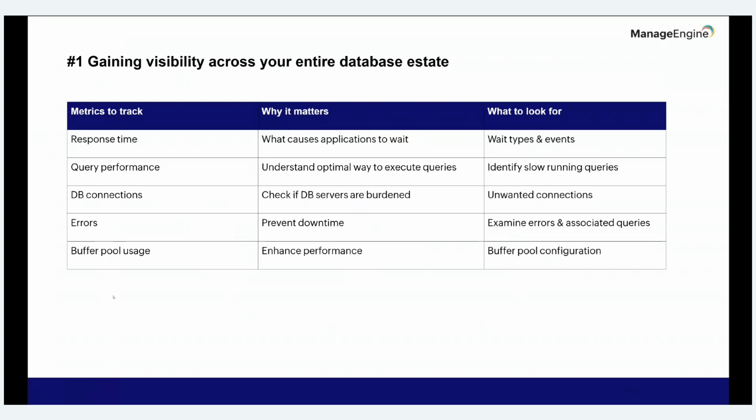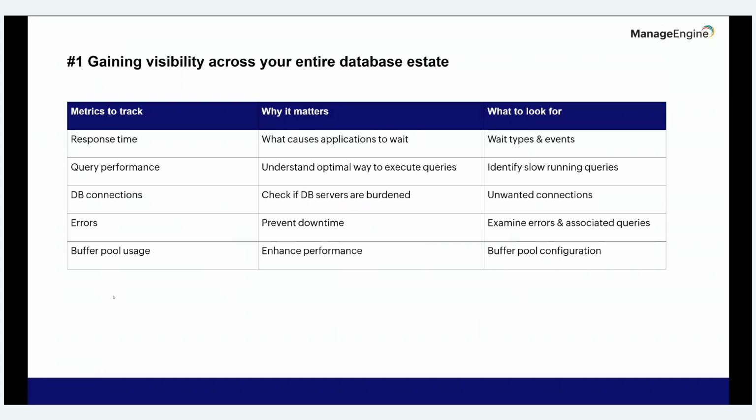The database connections. We need to always check if the DB servers are having n number of connections. And we have the privilege to terminate those connections, which can fine tune your database and increase efficiency. Errors. We need to prevent downtime. We need to have high availability, and tracking availability is mandatory. We have to focus on identifying the errors on your database and the queries associated with those errors.